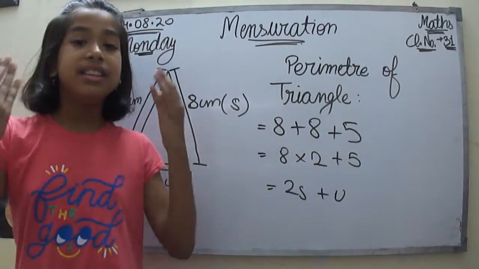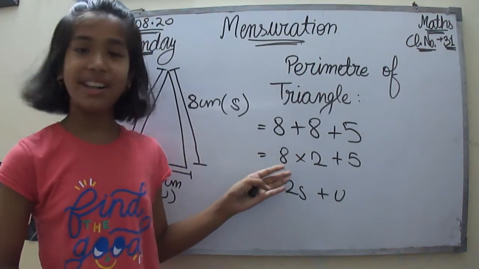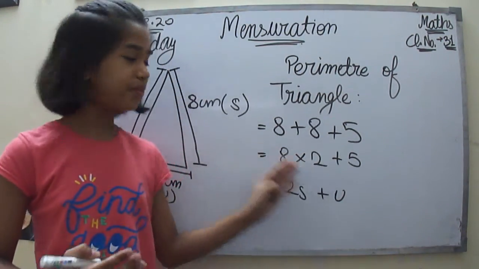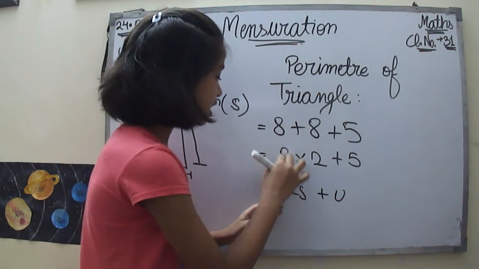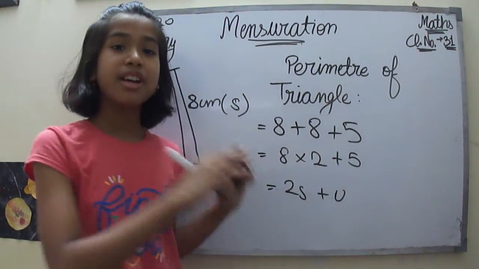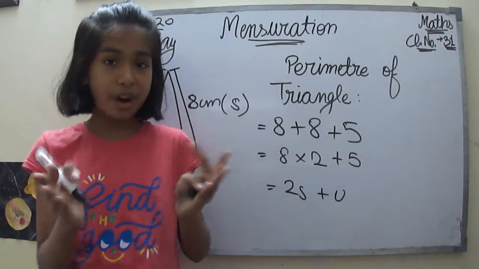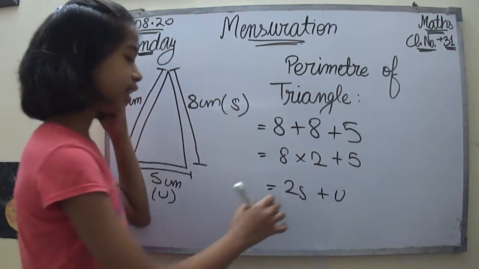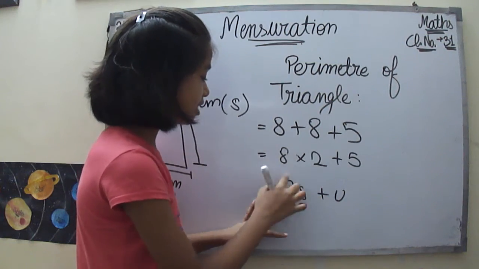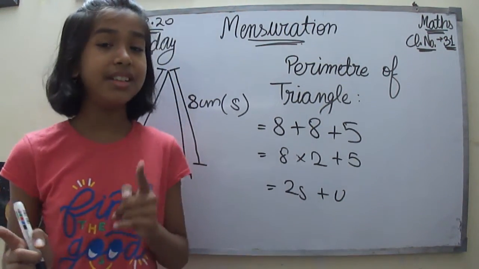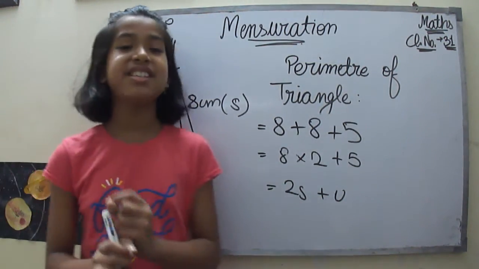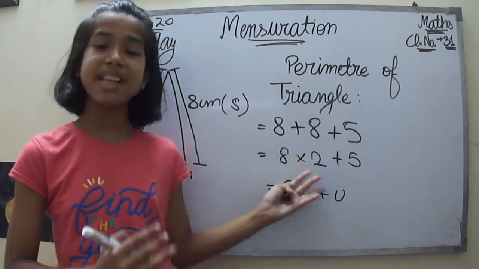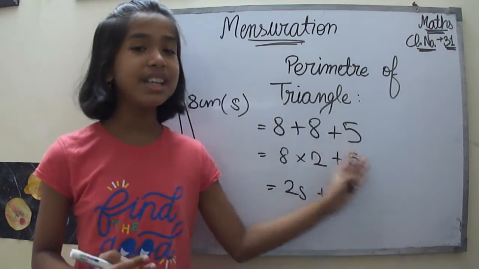Why is that? Because we saw it here: 8 into 2. We are representing the 8 as s, because we are making the formula, generalizing it. We have learned that multiplication is the default operation, so we can write 2s plus u, where u is the unequal side.